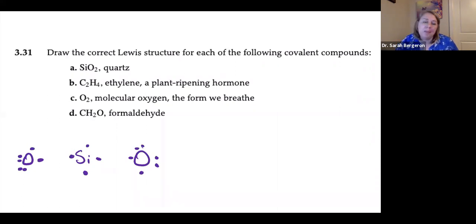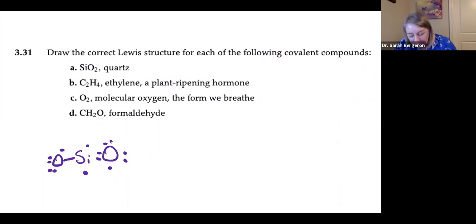So how are we going to make all of the atoms happy and have an octet? If we move our oxygens in to where we're sharing these 2 electrons, we turn those 2 shared electrons into a bond. Let's do that with the other oxygen as well: I'm going to move him in, and we convert that shared pair of electrons into a bond.